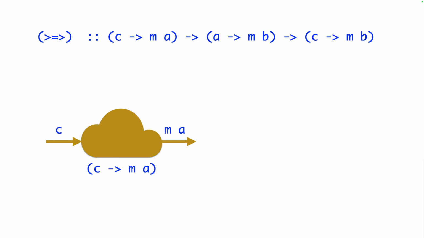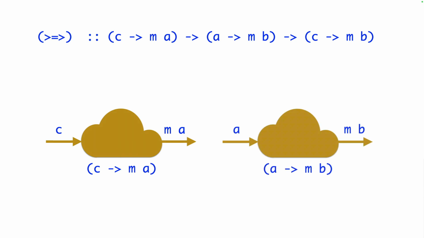It takes something from C to M of A and something from A to M of B and gives us something from C to M of B. And you can think of a function C to M of A as being a function from C to A that has side effects. Here I've illustrated that by this function arrow that has this cloud attached to it. Those are the side effects going on when you apply that function.